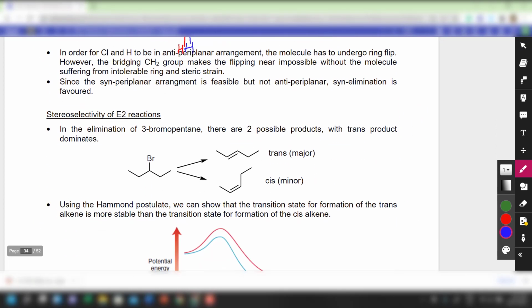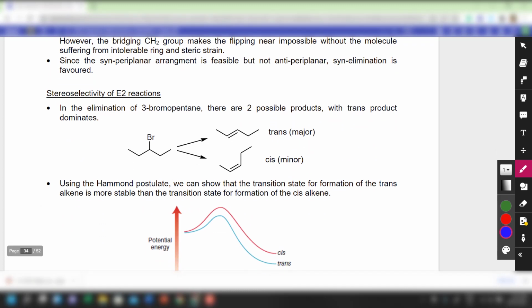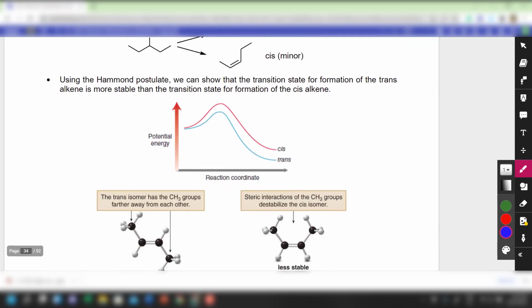And then here we're talking about stereoselectivity. The stereoselectivity here is whether one stereoisomer is preferred over the other stereoisomer. So in this case, we are concerned with whether we are getting the cis or the trans isomer.